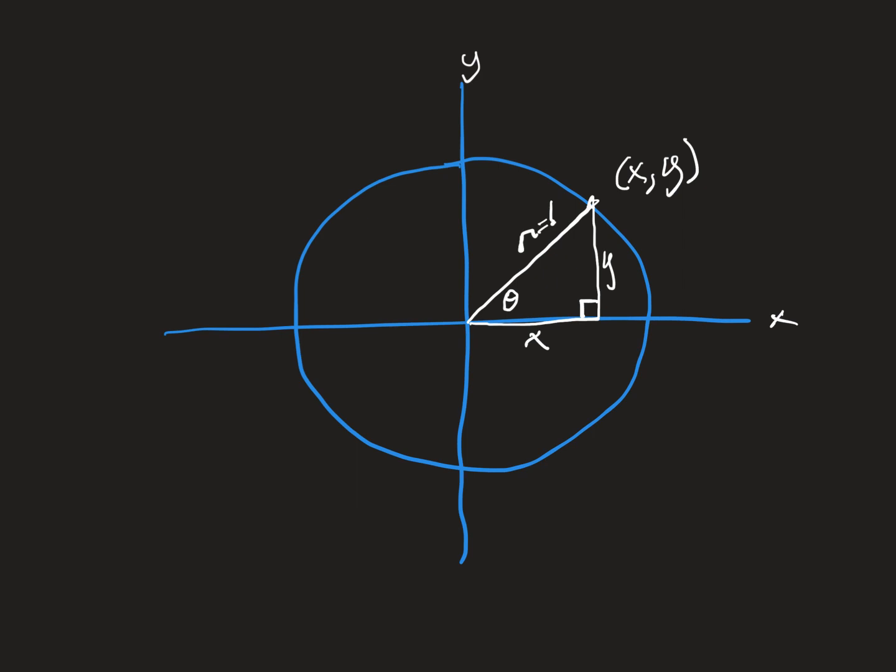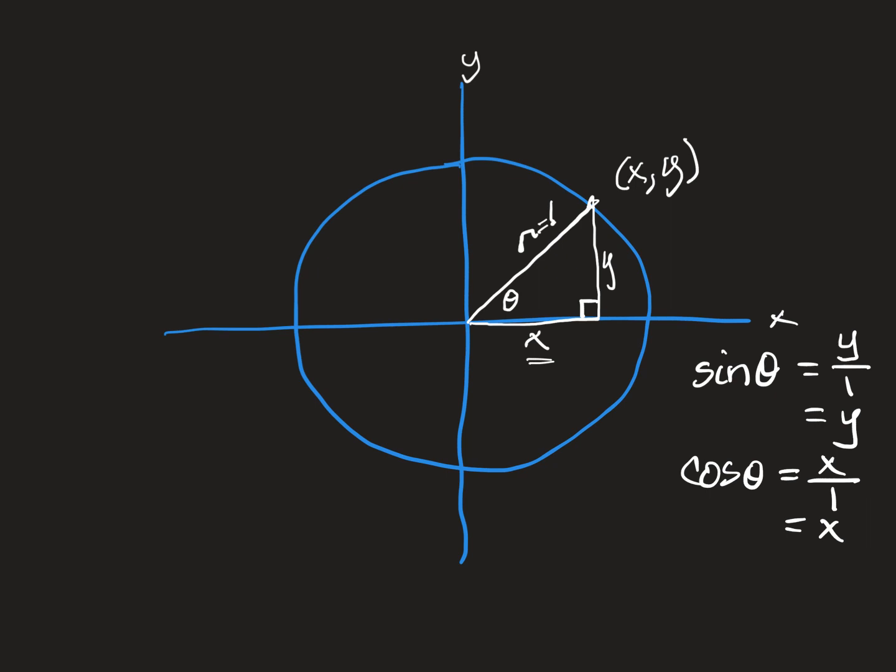So now let's write the trig functions, or some of our trig functions, for this triangle. So for instance, the sine of theta here is going to be the opposite, which is y, over the radius 1. So the sine of theta is just equal to y. And the cosine of theta is going to equal the adjacent, which is x, over the hypotenuse, which is 1, or just x.